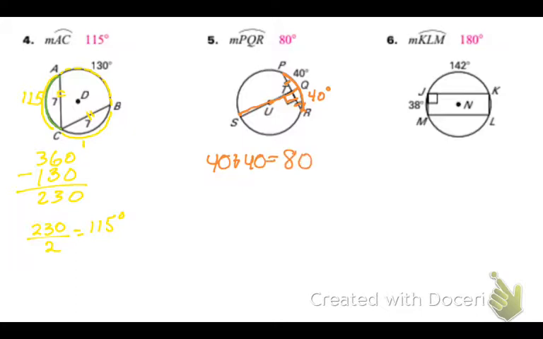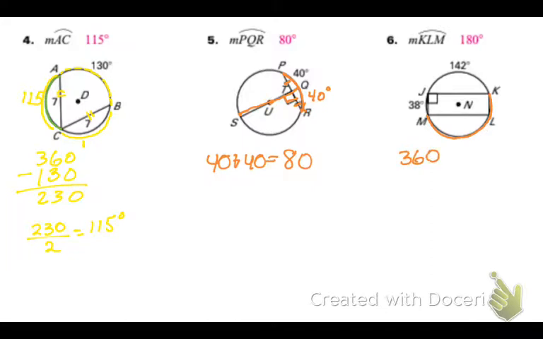So the measure of KLM. The tricky thing with these is making sure you understand what they're asking for. So they're asking for KLM. We know the total circle is equal to 360 degrees.